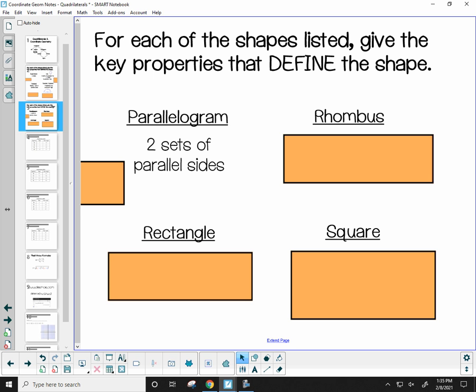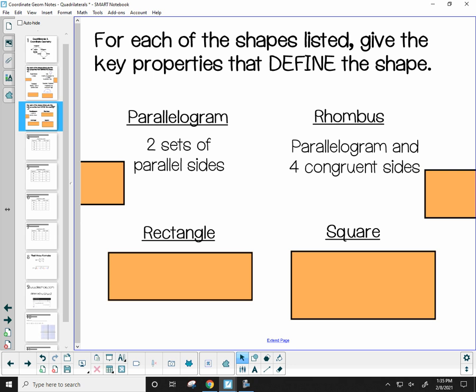So at their heart, they're still a parallelogram. But a rhombus is also going to have four congruent sides. So it's a parallelogram with four congruent sides. So if you don't want to write parallelogram, remember you can just make the shape. This is the symbol for a parallelogram. Just drawing a parallelogram.